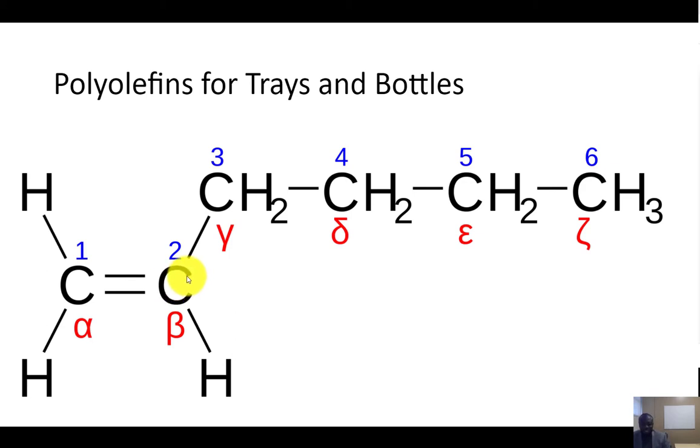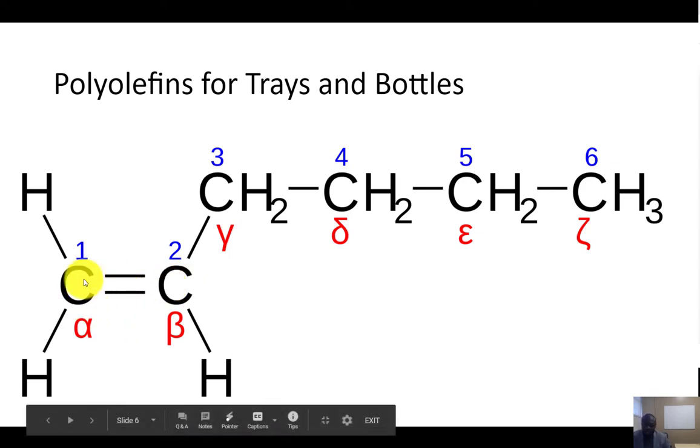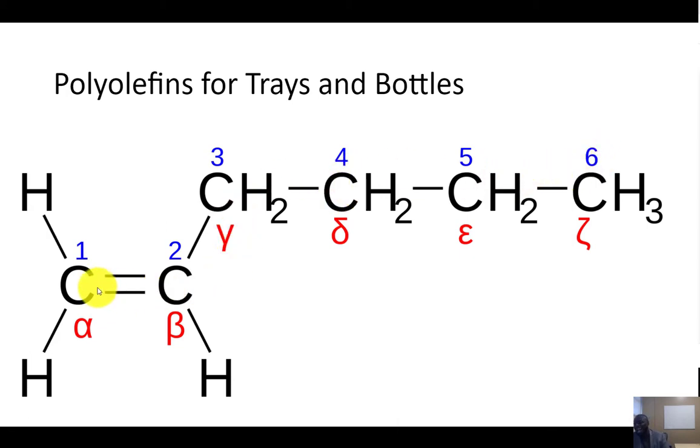In this particular case, what I'm showing you here is 1, 2, 3, 4, 5, 6. What is that? Hexene. So you might be able to create a polyolefin from this. So practically, polyolefins for practical or commercial importance are polyalpha olefins.